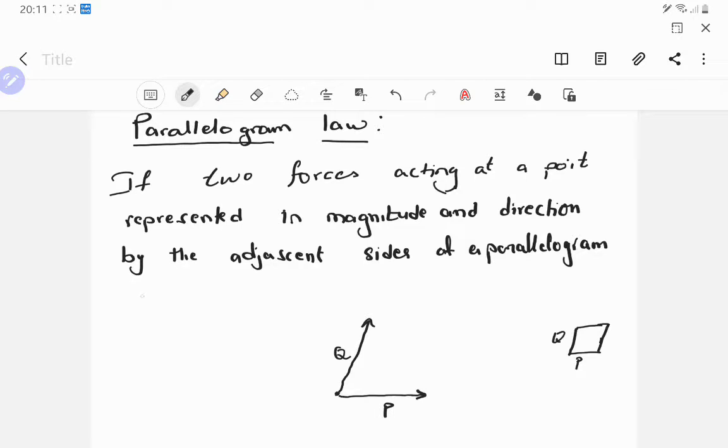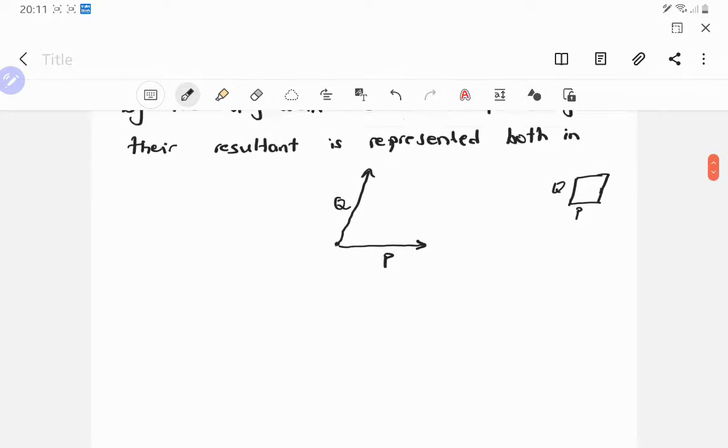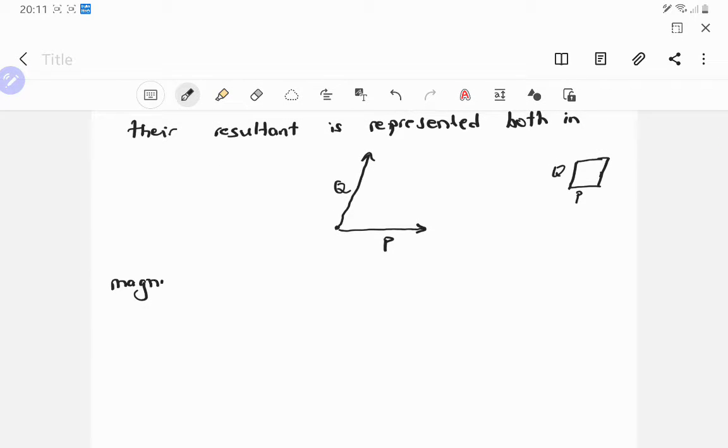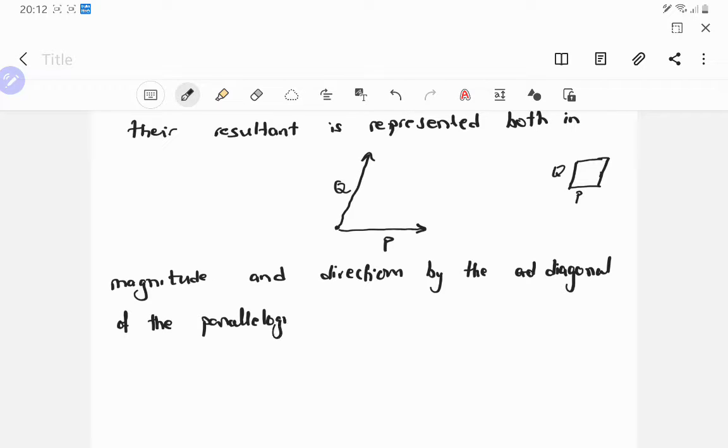Now their resultant is represented both in magnitude and direction by the diagonal of the parallelogram, which we can see like this.